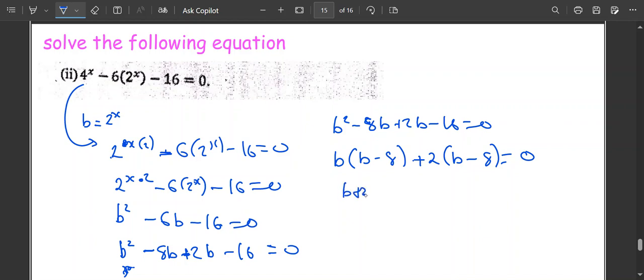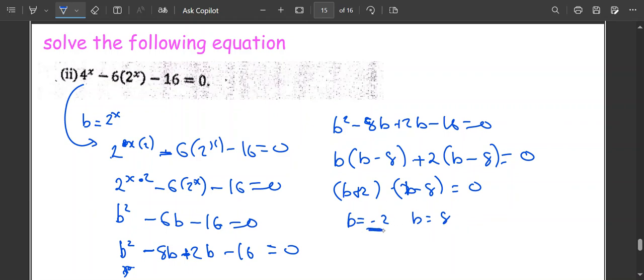So meaning that b plus 2 times b minus 8 equals 0. So b equals negative 2, or b equals 8. The negative 2 will be discarded because we are doing it as an exponential at the end.